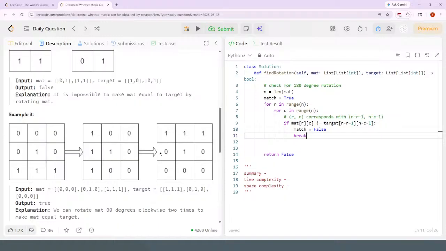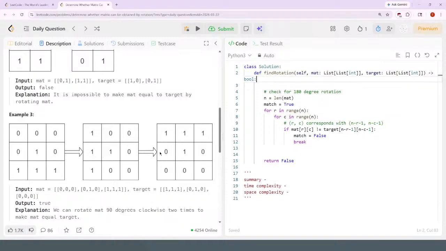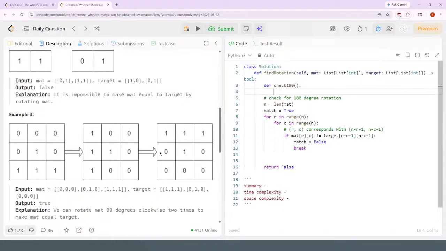I don't want to break out of the nested for loop, we only want to break out of the inner for loop. I think I'm actually going to do a helper function then, to have a way of breaking out. So I'll do check 180, and this is just going to return a boolean.